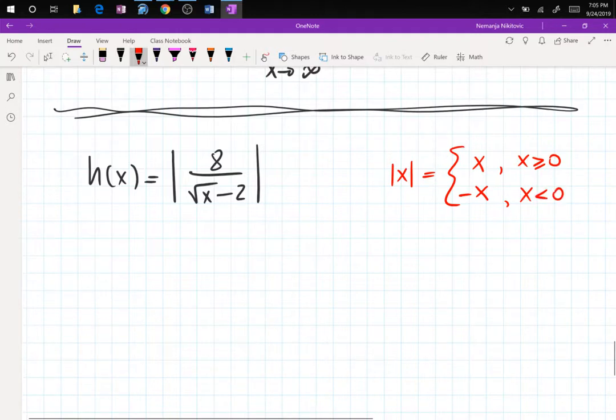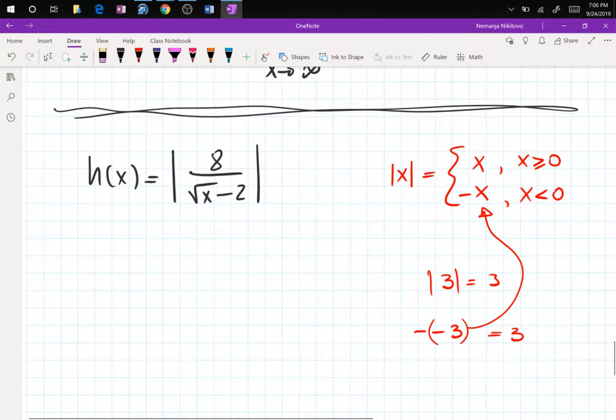So if you pick, let's say, the value 3, the absolute value of 3 is 3. But if you pick a negative value, let's say negative 3, then it gets plugged in here, and you have another negative in front, which creates a positive 3. So that's our hack way to make all of the values always positive.